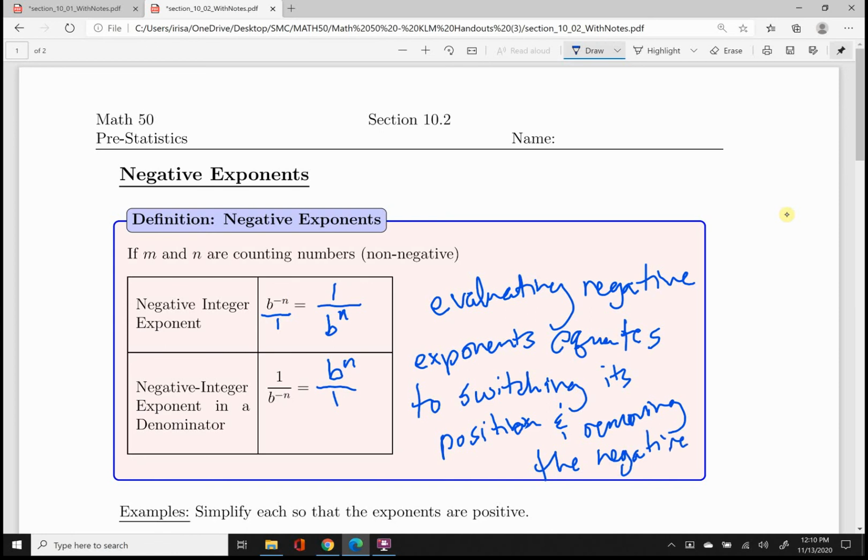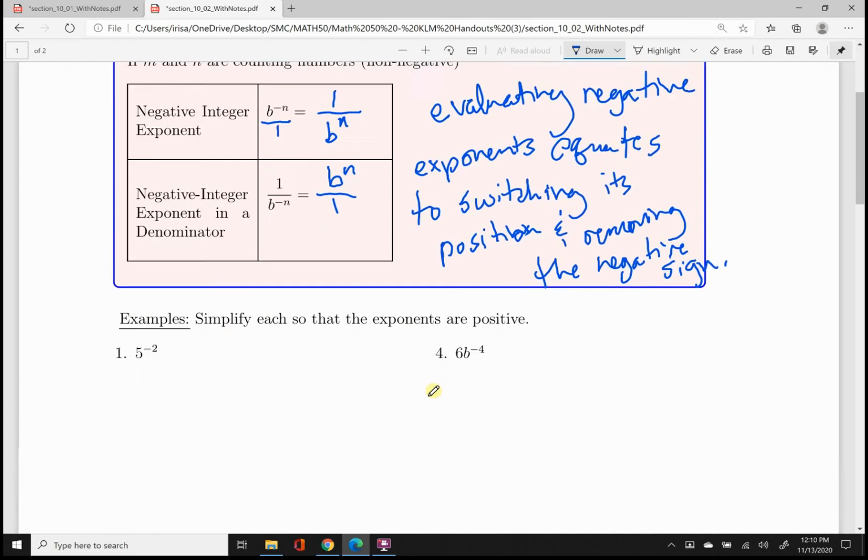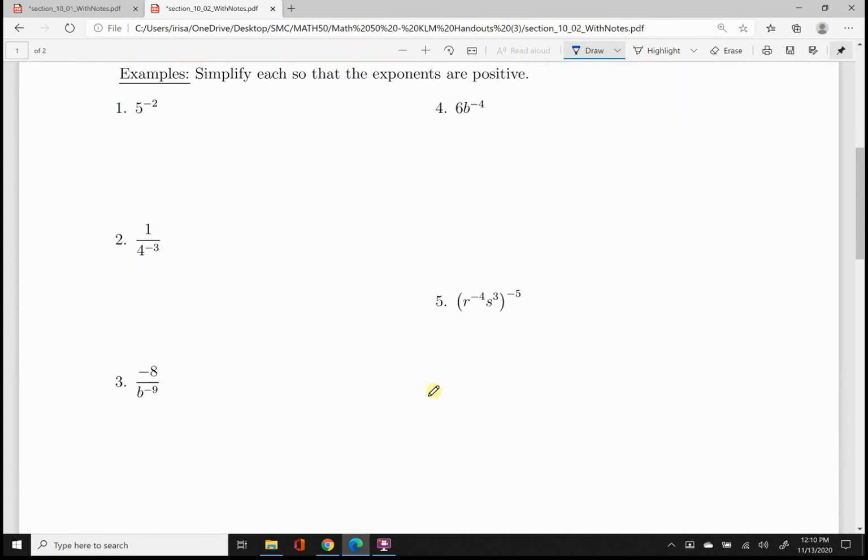This description works for me. If you have another way of thinking about it that's slightly different but works for you every time, by all means use that. Okay, let's go ahead and simplify each so that the exponents are positive.